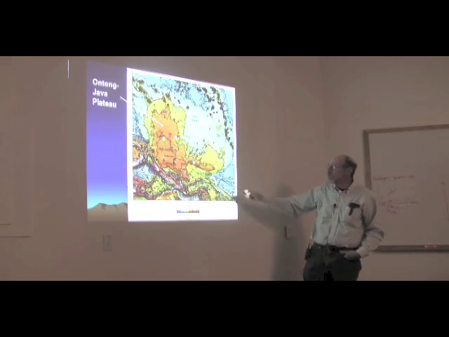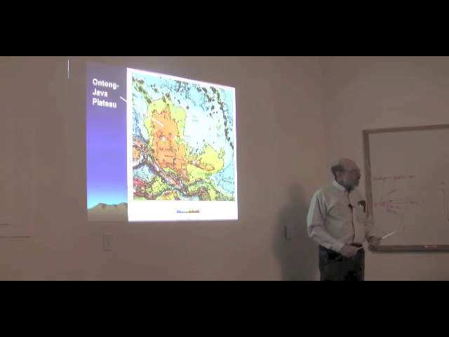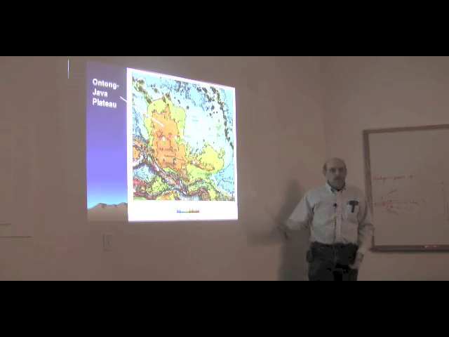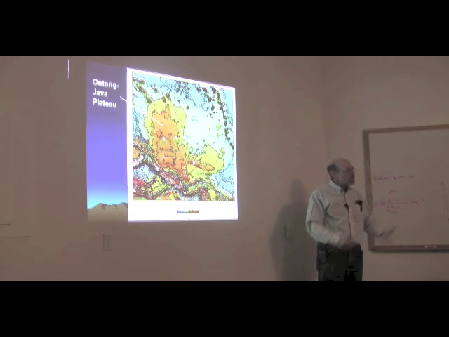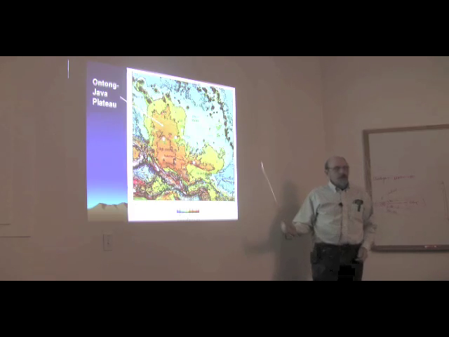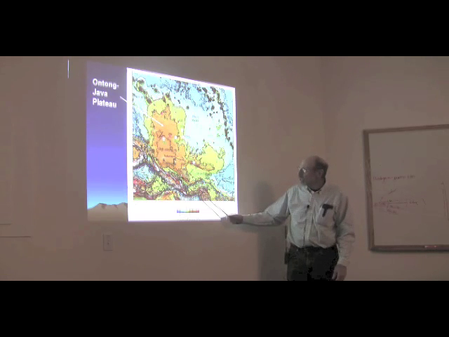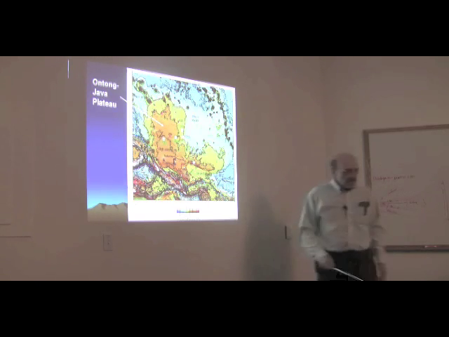So this is a pretty big feature, and its thickness is almost that of a continent. But you don't think of the Ontong Java Plateau as a continent because it's not above water. I think continents are above water, this isn't, but it's about as thick as a continent. And it's also not made of real continental material. It's largely basaltic in composition.